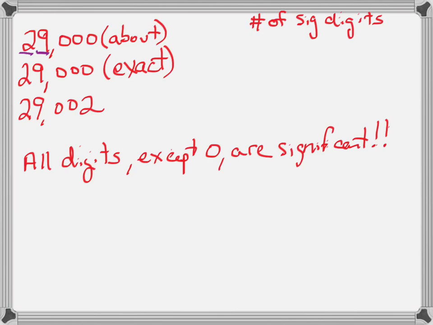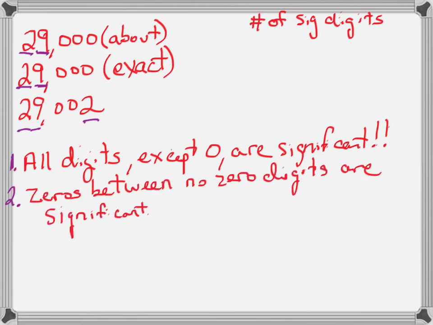That's also true in the second 29,000 number, because again those aren't zeros. And in the third number we have here, the 2, the 9, and the 2 are all significant. And so the first number has minimally at least, we've underlined, 2 significant digits. In the second number we have 2 significant digits underlined, and then the third number we have 3 significant digits.